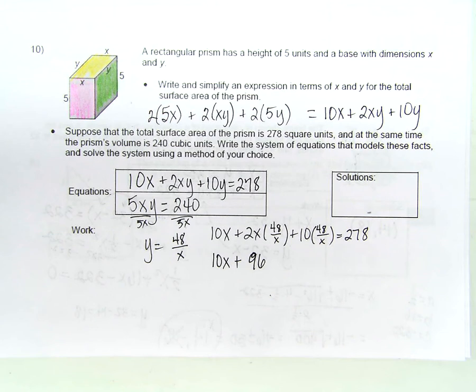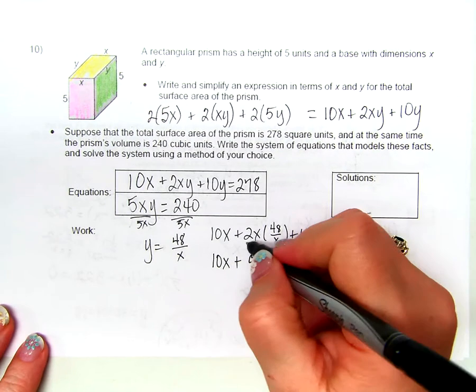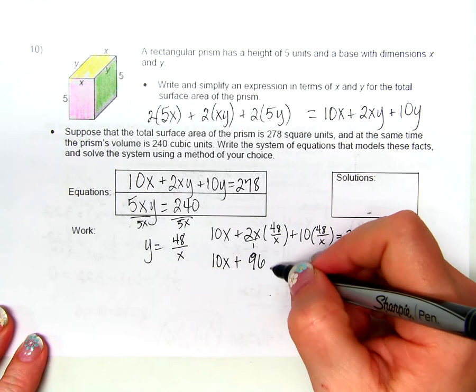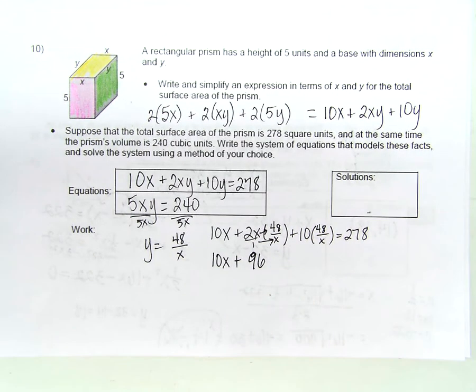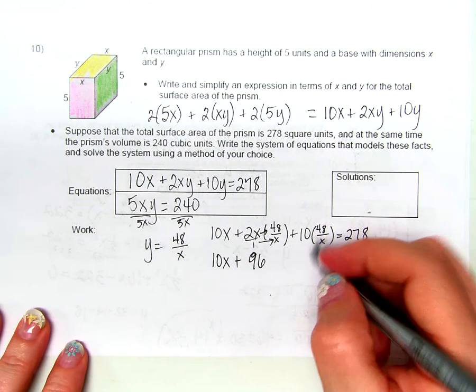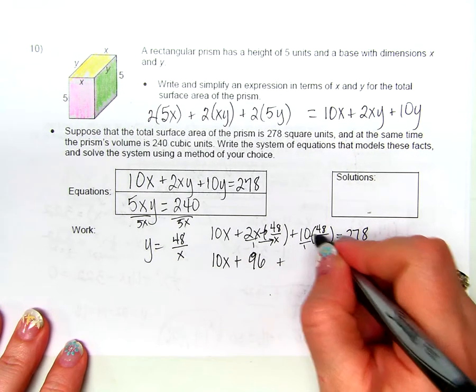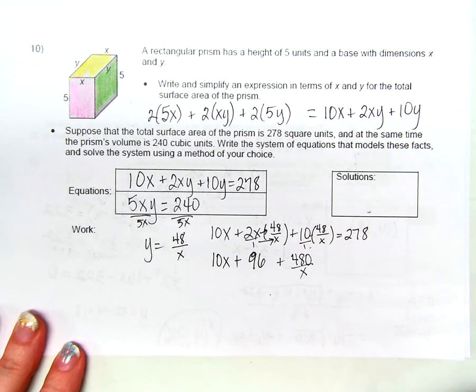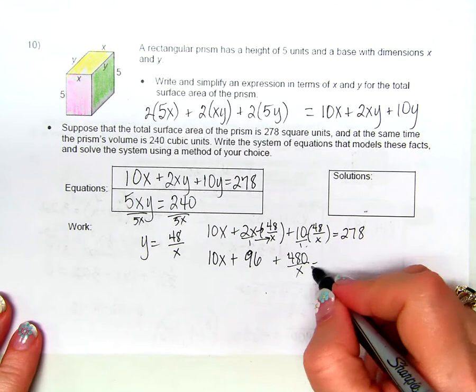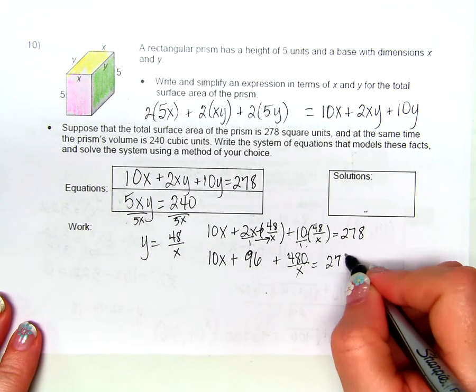Why is it just 96 and not 96x? That's really 2x over 1, right? So don't I multiply straight across here and straight across here? When I do that, I get 96x over x. What happens to the x's? They simplify to 1, right? They cancel? Okay? So what about what happens here then if we're using the same kind of logic? 480 over x equals 278, excuse me.